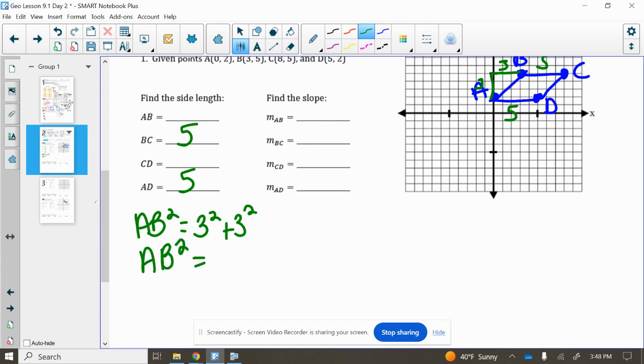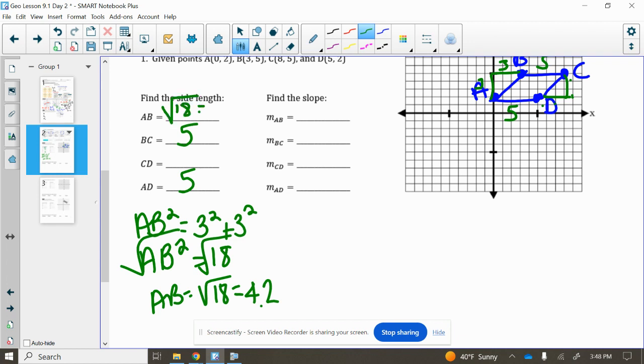So 9 plus 9 is 18. And if we square root both of these, AB is the square root of 18, which is about 4.2. Now notice C to D is also going to be 1, 2, 3, 1, 2, 3. So it's going to also have that exact same length of square root of 18, aka 4.2.